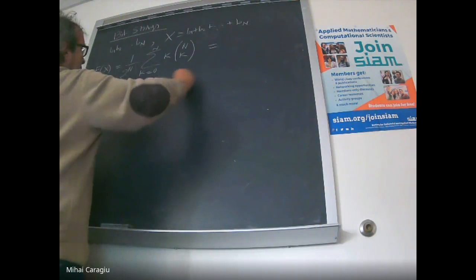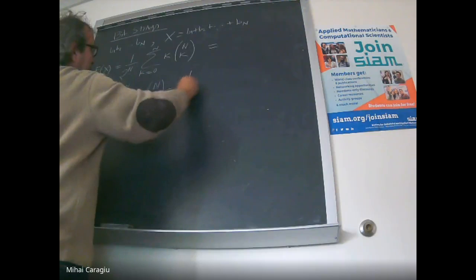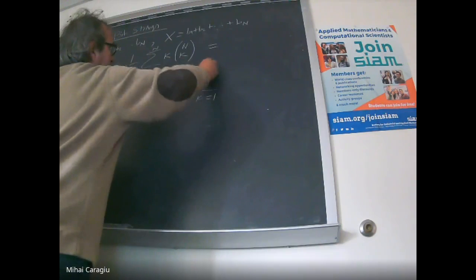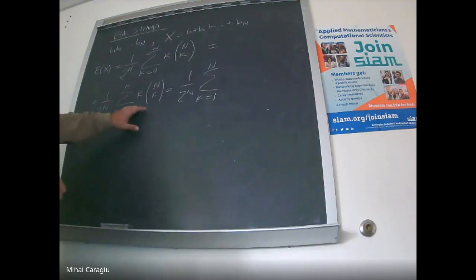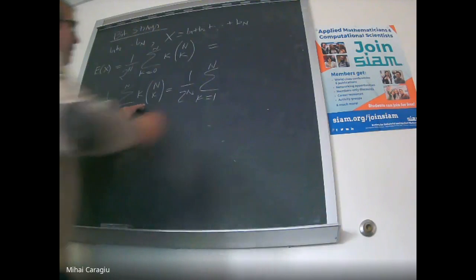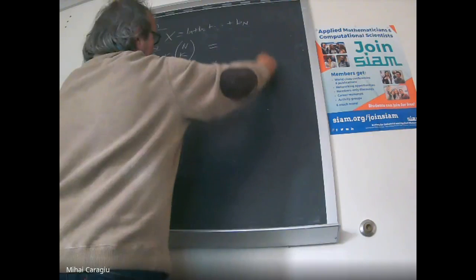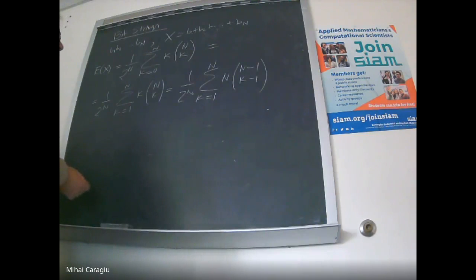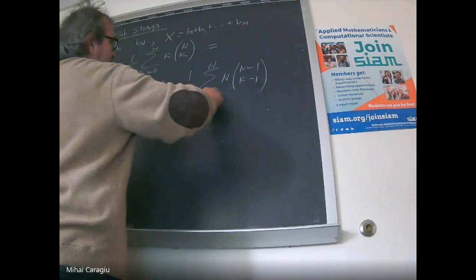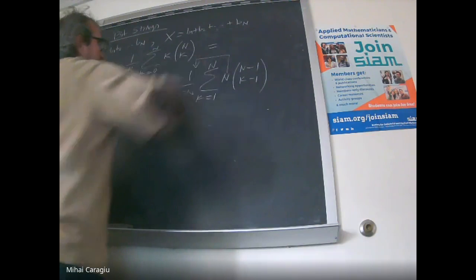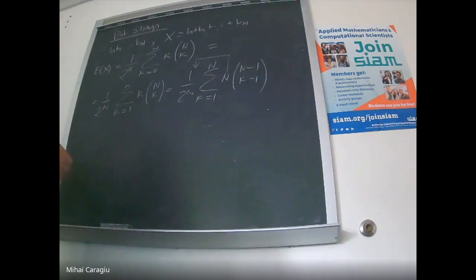That equals 1 over 2 to the power n, summation from k equals 1 up to n. Let's use the identity we just proved: n times n minus 1 choose k minus 1. Okay, now the sum is over k. So that means we can take all the entities that do not depend on k in front of the sum.